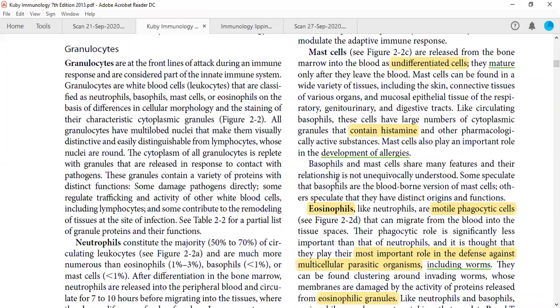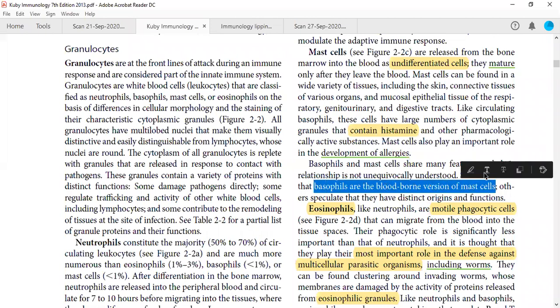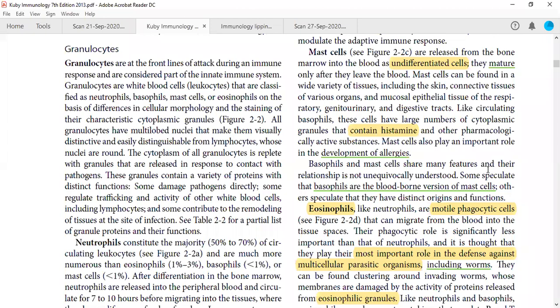Some scientists have also proposed that basophils are the blood-borne version of mast cells. So in the blood, they are called basophils, but if they go into the tissue spaces, they will mature and become mast cells. All right. If you have a query, please ask.